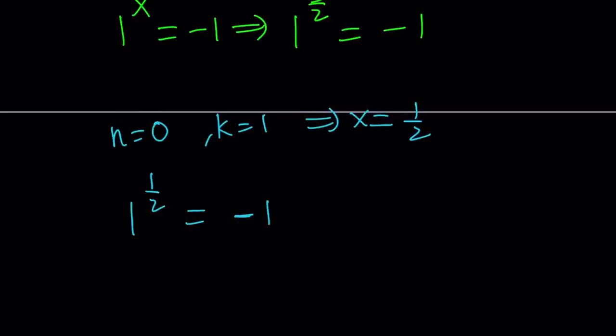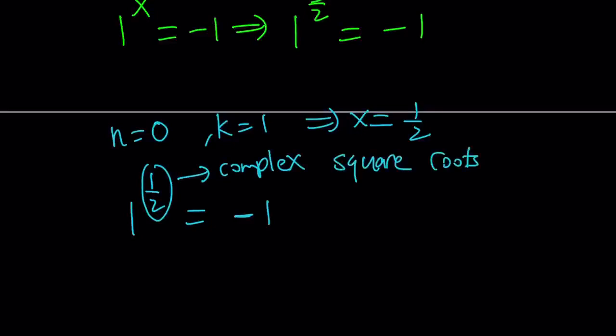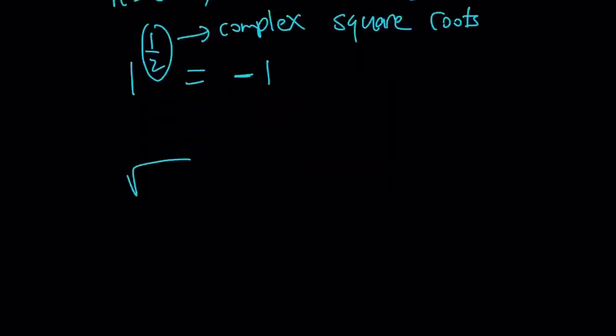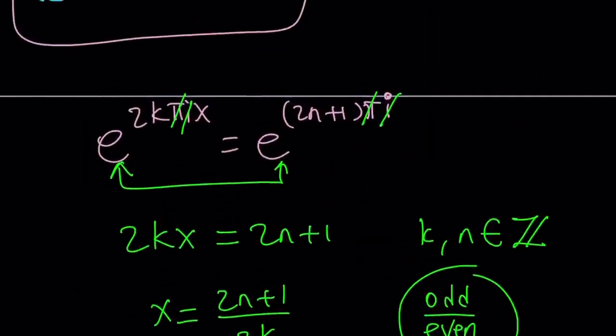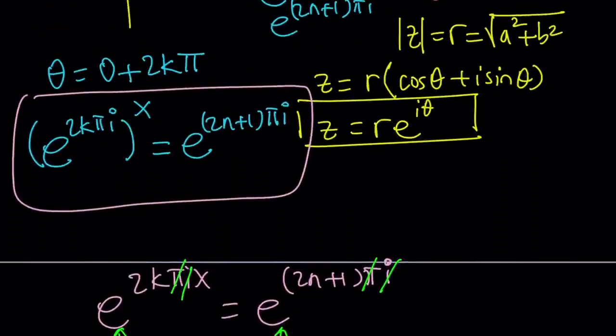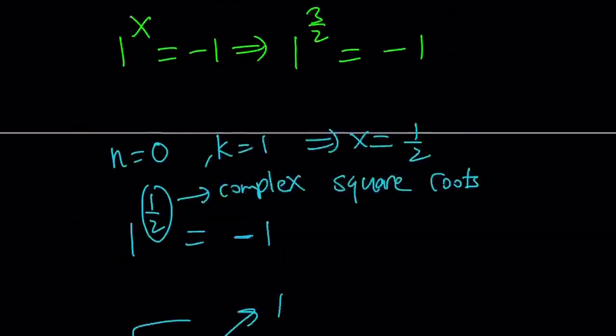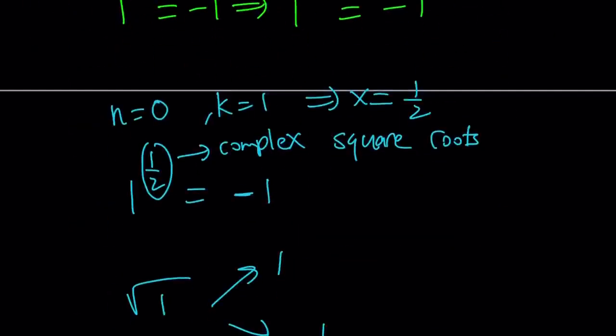And yes, this is true, because if you think about it as the complex square root, then 1 has 2 complex roots, and those are 1 and -1, right? When you write the square root of 1 as a complex number, there are 2 answers. This is basically multi-valued. And obviously our solution is also multi-valued, because when you change the values of n and k, you get different values. Make sense?